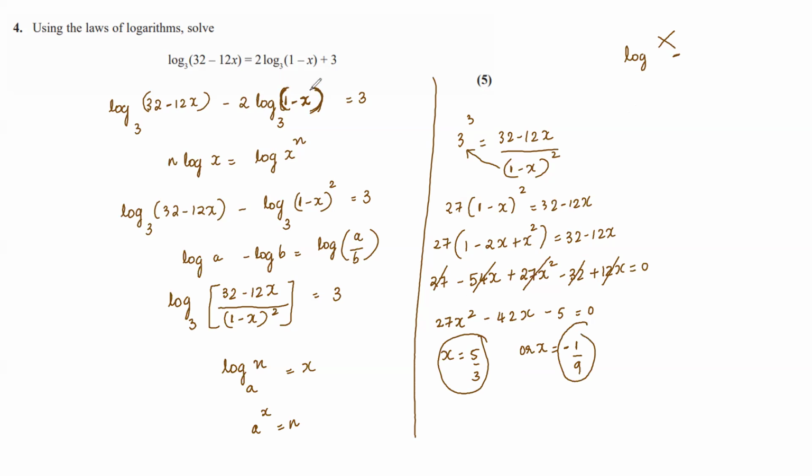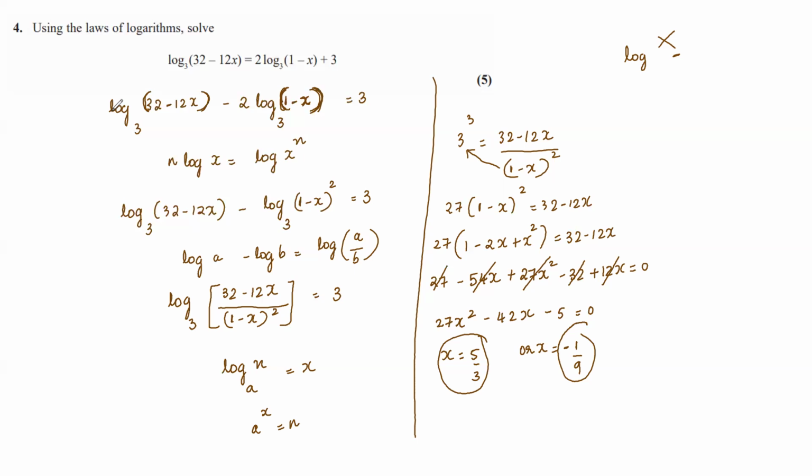If we substitute x as minus 1 by 9, that is 1 minus minus 1 by 9. That is a positive answer. That is 10 over 9. Here also, the same way, this also cannot be negative. 32 minus 12 into x: when we substitute 5 over 3, you'll get a positive answer.